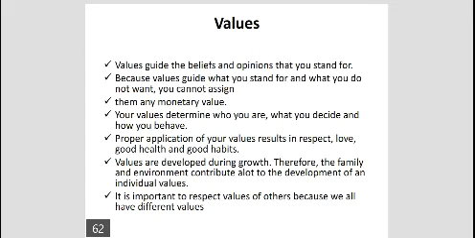That's why we say values are developed during growth. Therefore, the family and the environment you grew up in contribute a lot to the development of an individual's values. So it is important to respect the values of others because we all have different values.